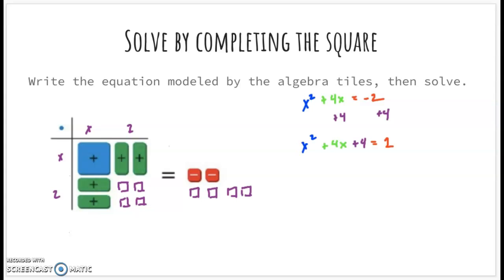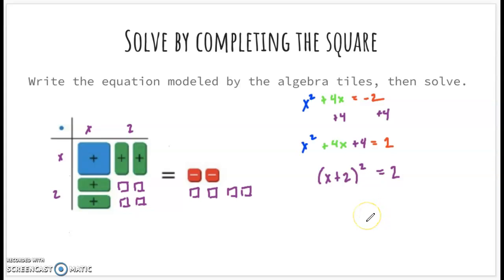If we check out our algebra tiles here, that makes sense. Hopefully at this point you already see there's another way we could write out x squared plus 4x plus 4, because it is a perfect square trinomial. We could write it as x plus 2 quantity squared, and that's equal to 2.